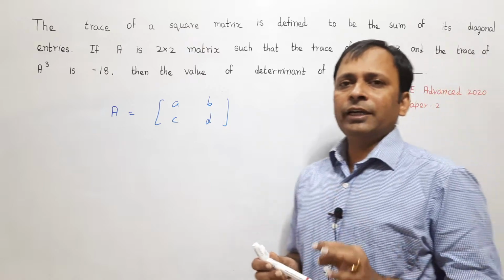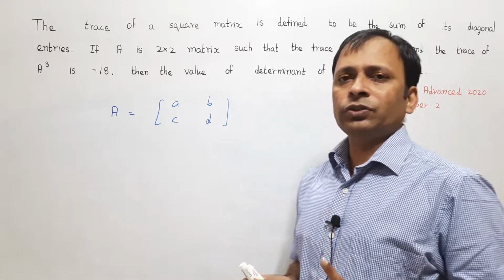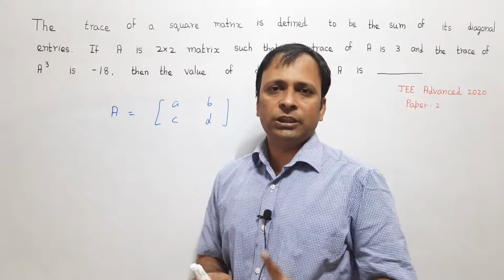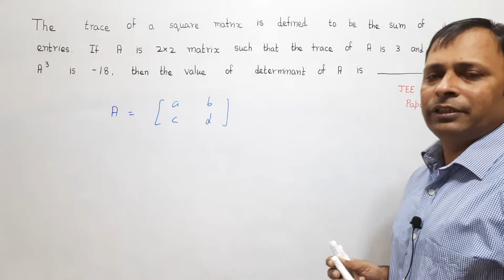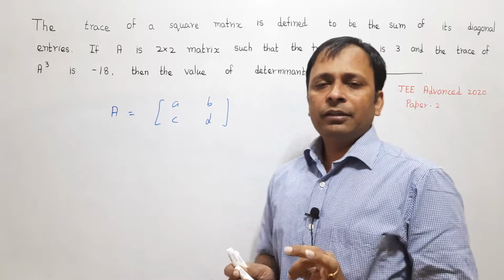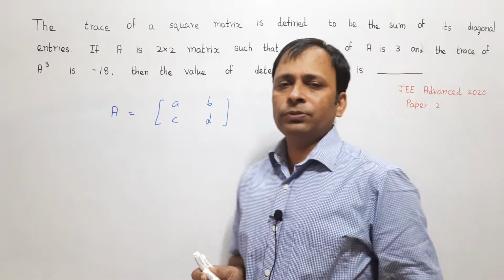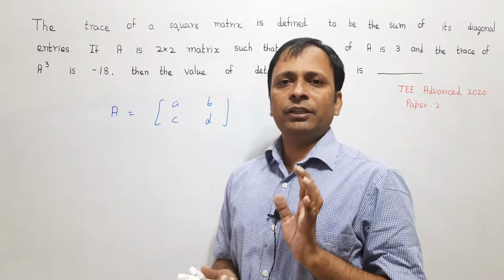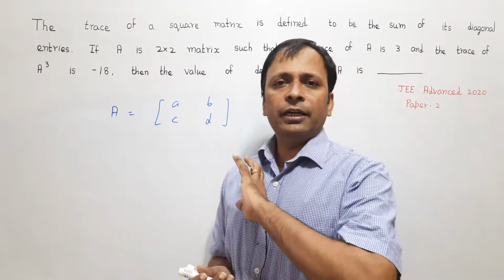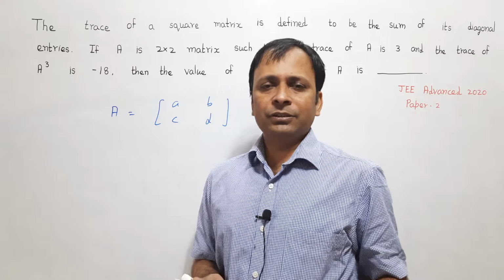So I can construct a matrix which follows only the two restrictions given in the question. What are they? First, the matrix should have trace equal to 3, and the trace of its cube should be equal to minus 18. Keeping only these two restrictions in mind, I can take any such matrix.